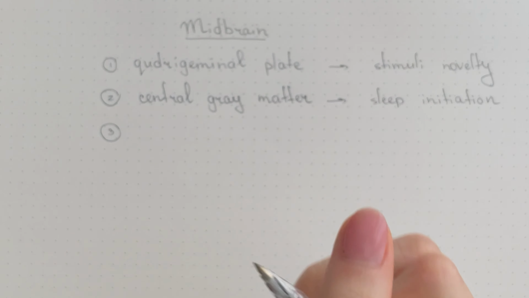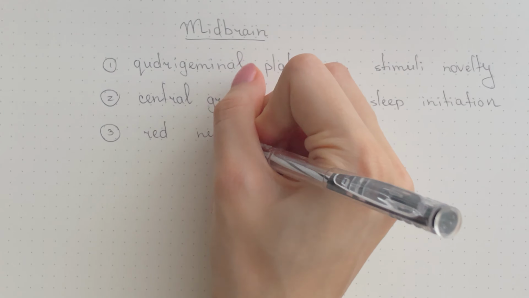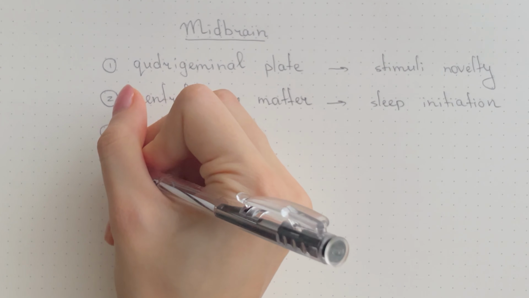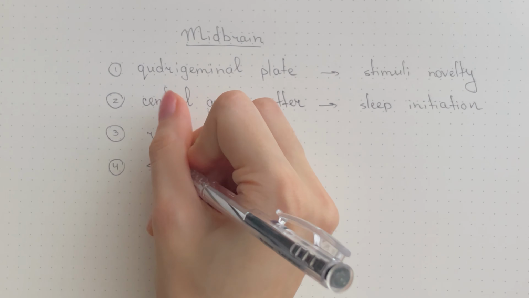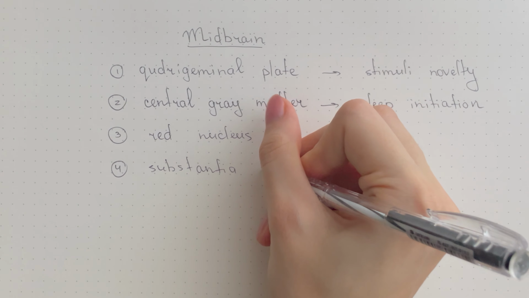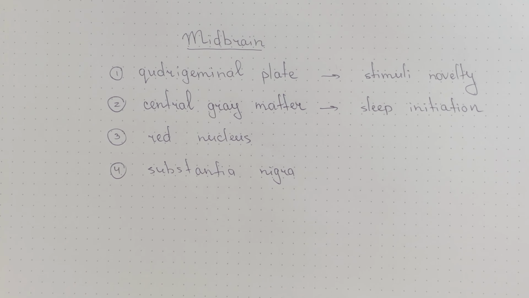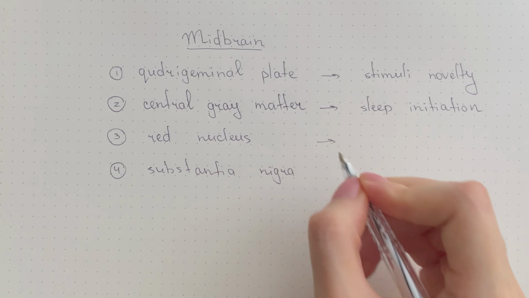In the lower part of the midbrain are the red nucleus and the substantia nigra. These are two structures that are also connected with the motor sphere.